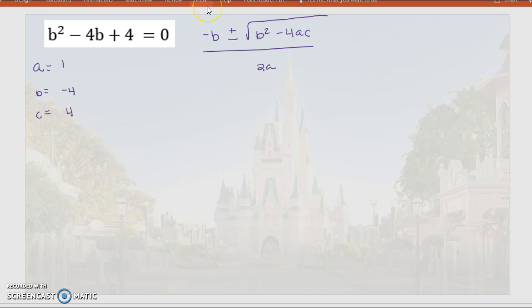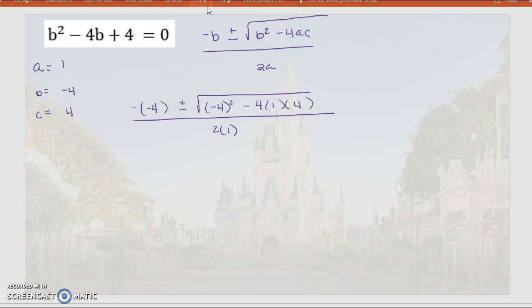So negative b, which is -4, plus or minus the square root of b squared, which is -4 squared, minus 4ac. A is 1 and C is 4, all over 2a.